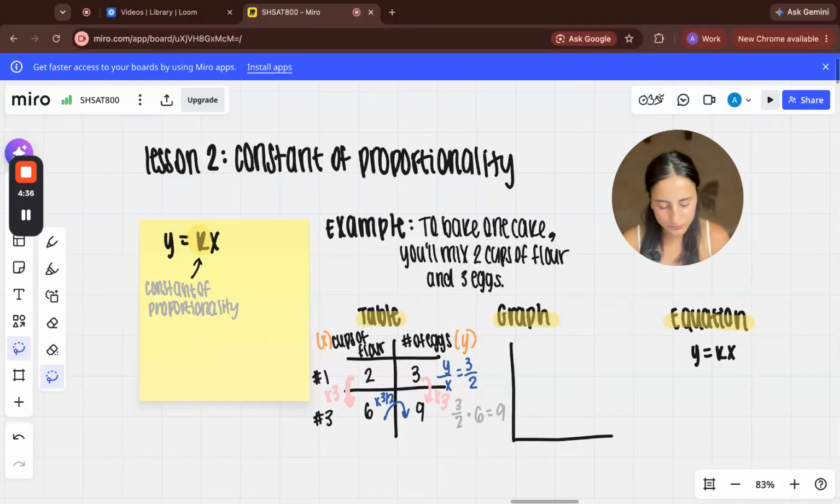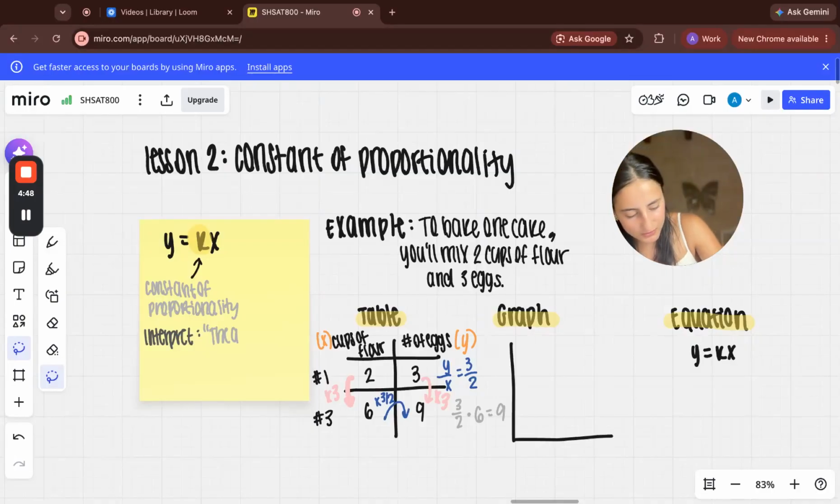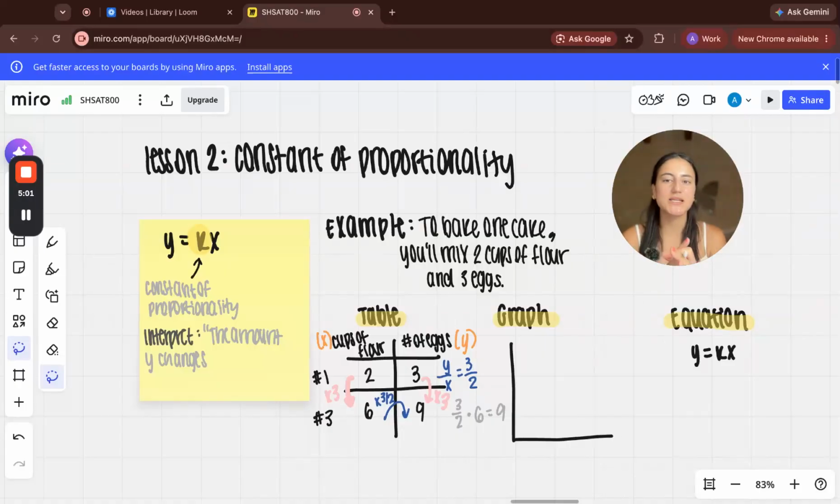If we were to interpret what it means, it would be the amount y changes. It can either increase or decrease. In this case, we're typically going to see positive constant of proportionality values in the questions. So the amount y changes for every 1 unit increase in x.